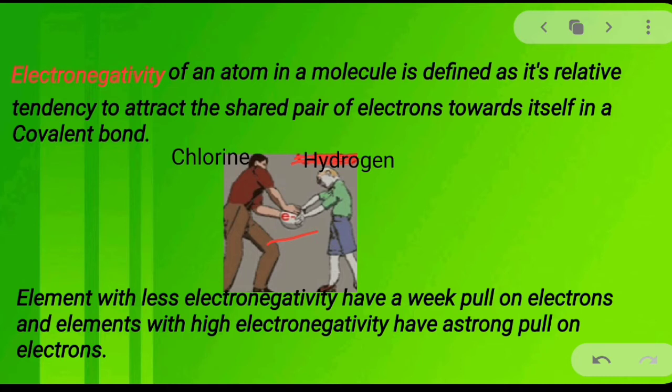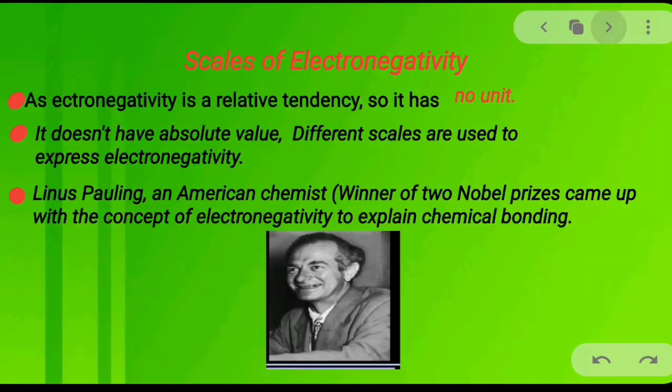So, electronegativity is a relative term because we are comparing the tendency of attracting the shared pair electron towards itself. The element with less electronegativity has a weak pull on electrons, and the elements with high electronegativity have a strong pull on the electrons. Now the question comes, how to measure the electronegativity?